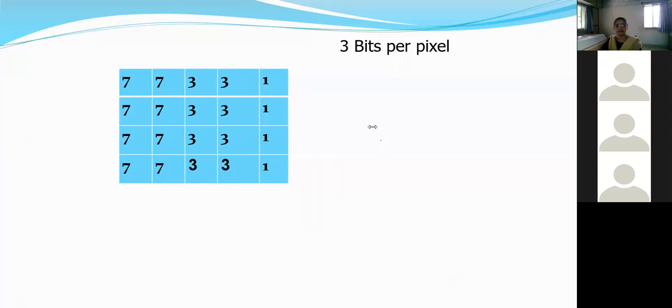Chirag, Gargi, Manas, Pranjal, Pranav, Pranay, Sai. None of these students are typing answers. Only a few students are responding. What about others?